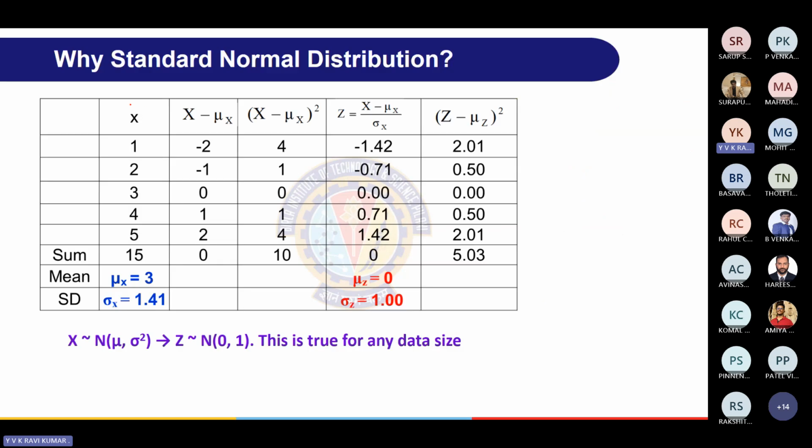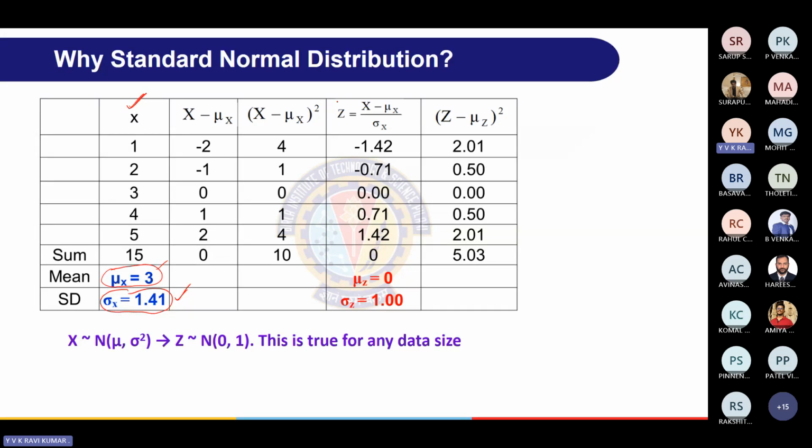Okay. Now, just an example. Suppose you take this data given, x as it is. It has mu x, that is the mean of this data, as 3, and standard deviation 1.41. Suppose we convert this in terms of z, that is standard normal distribution.